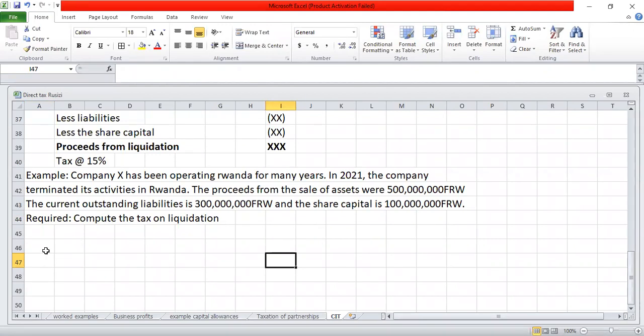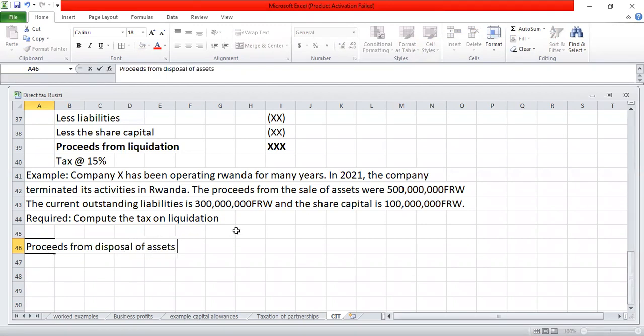We said we're going to look at the proceeds from sale of assets, proceeds from disposal of assets, which they have told us is 500.